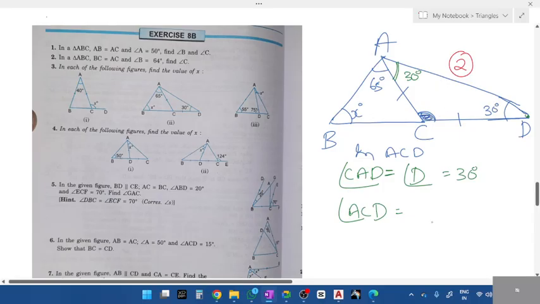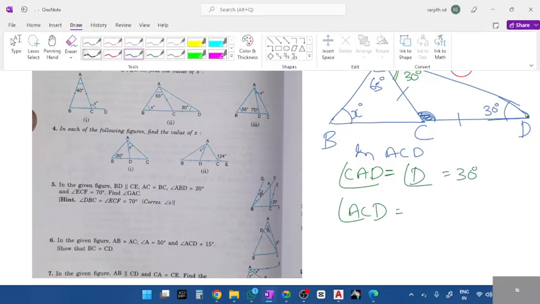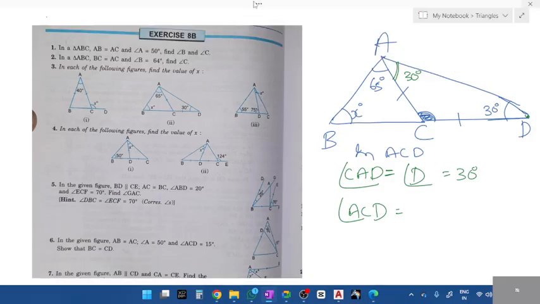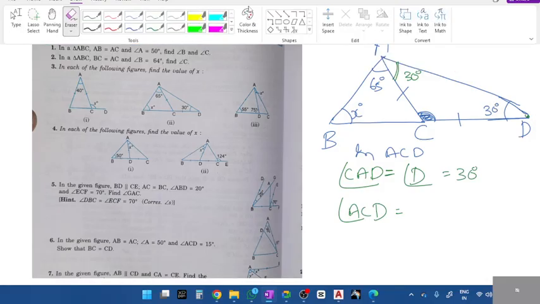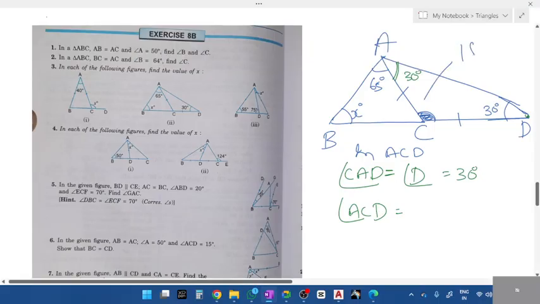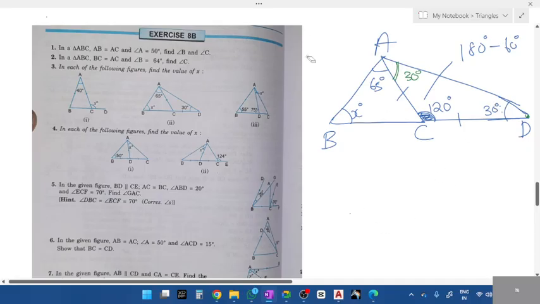Yes, sum of interior angles. If the total value is 180 degrees, what will be angle C? No, how come 60? 180 minus 60 is? What is angle C? 120.